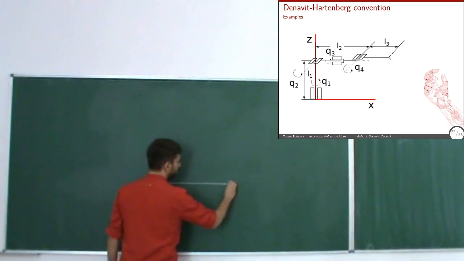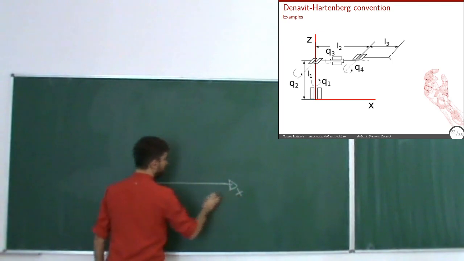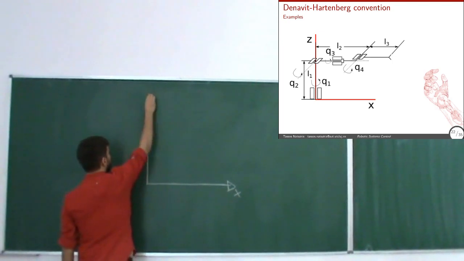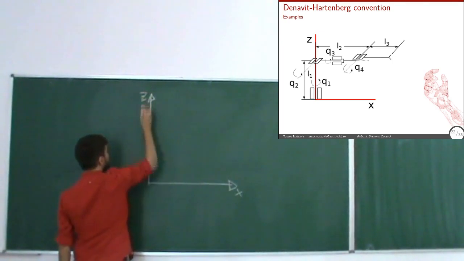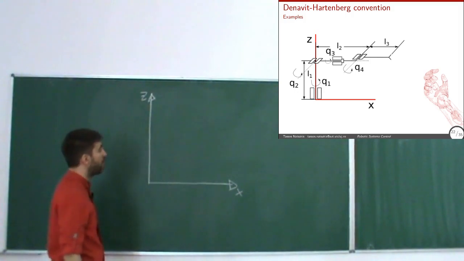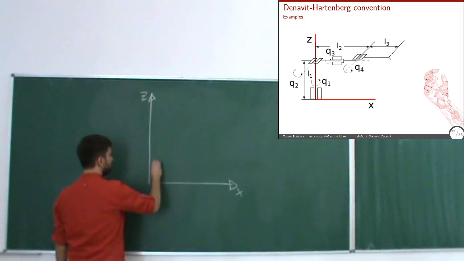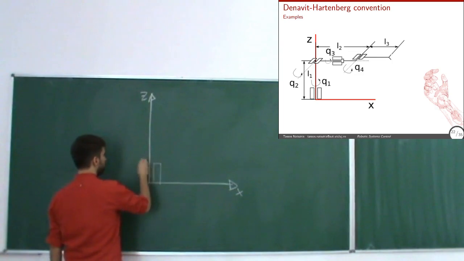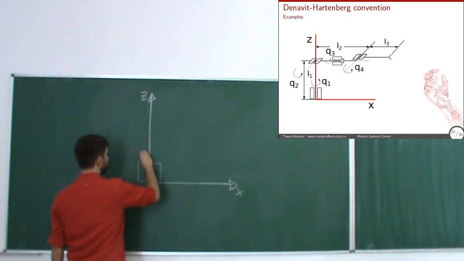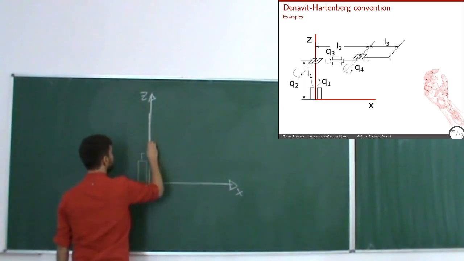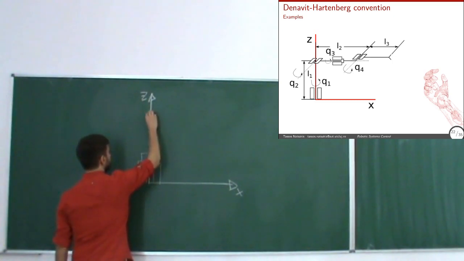So I start by drawing the coordinate frame, the fixed coordinate frame. And I have the first joint here that rotates around the z-axis of the fixed frame. Okay, then it goes up. Let me make it more thick.